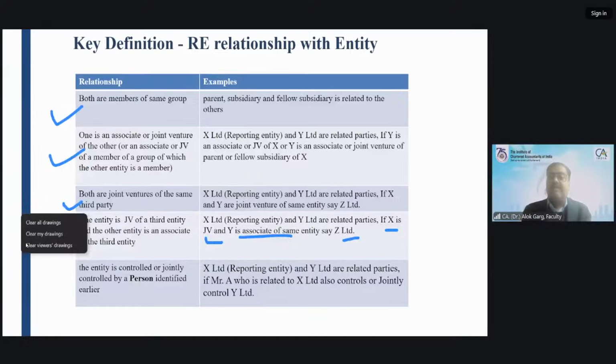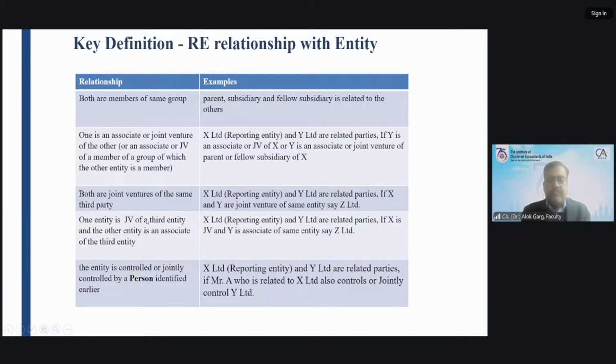So in the earlier example, first of all, let me copy this. Same example, Z Limited with some change.